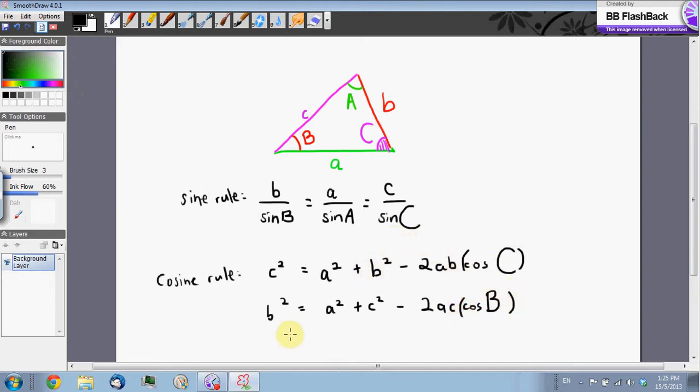Similarly, A squared is equal to B squared plus C squared minus 2 times B times C times cosine A. So this is the sine and cosine rule.